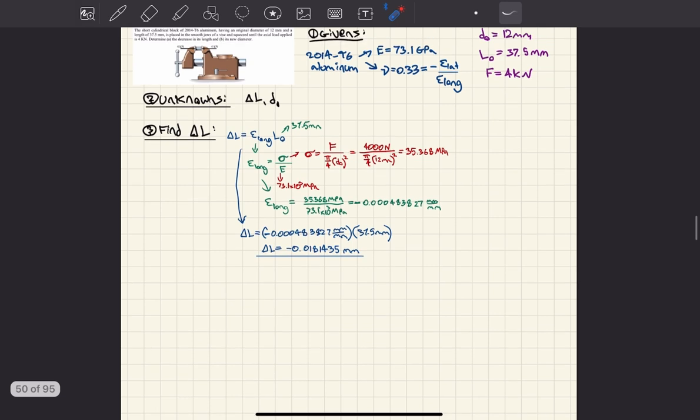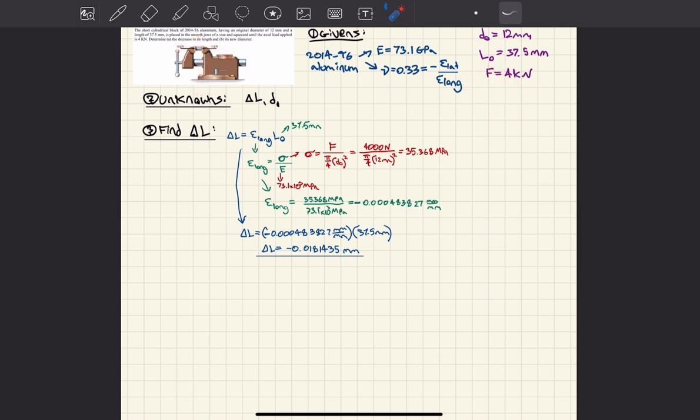Well, remember, strain as a value is equal to delta over original, right? So if I know that the longitudinal strain is equal to delta L over L naught, right? And that makes sense. That's in this direction. What's the lateral strain equal to?